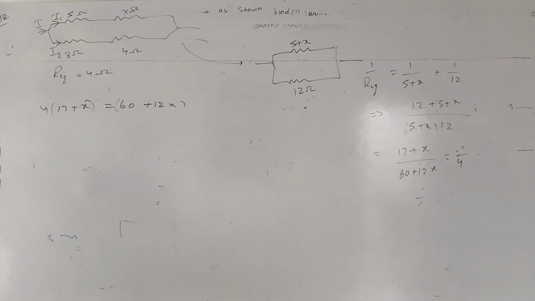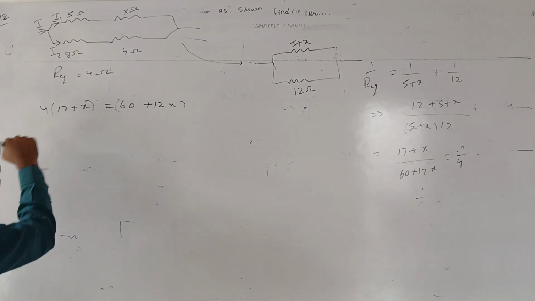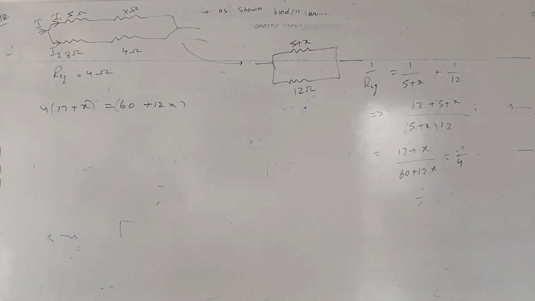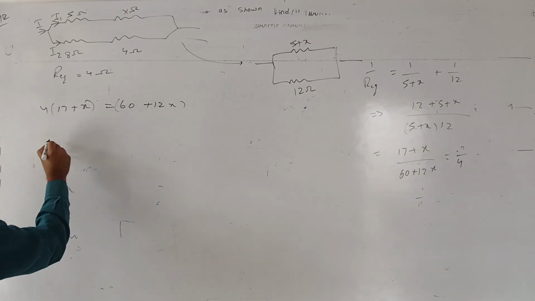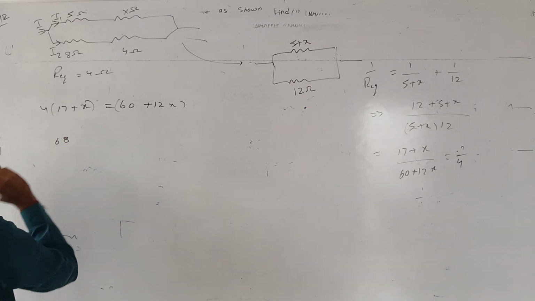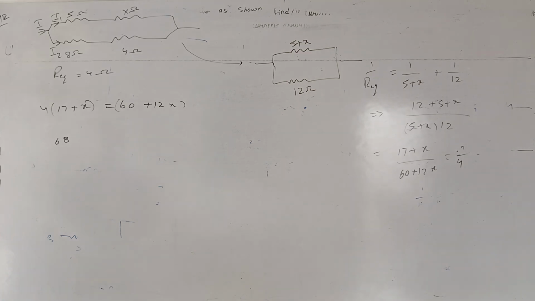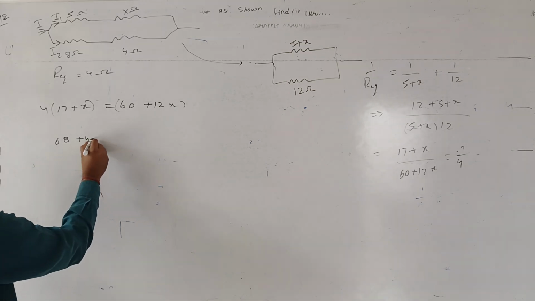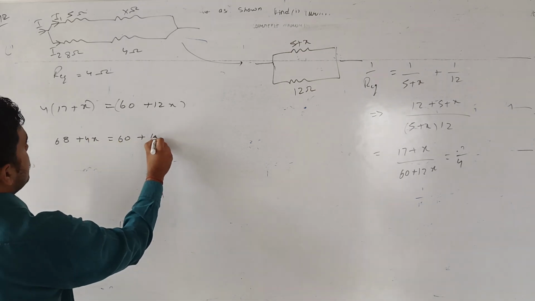So we get 17 into 4, which is 68. 68 plus 4X is equal to 60 plus 12X.